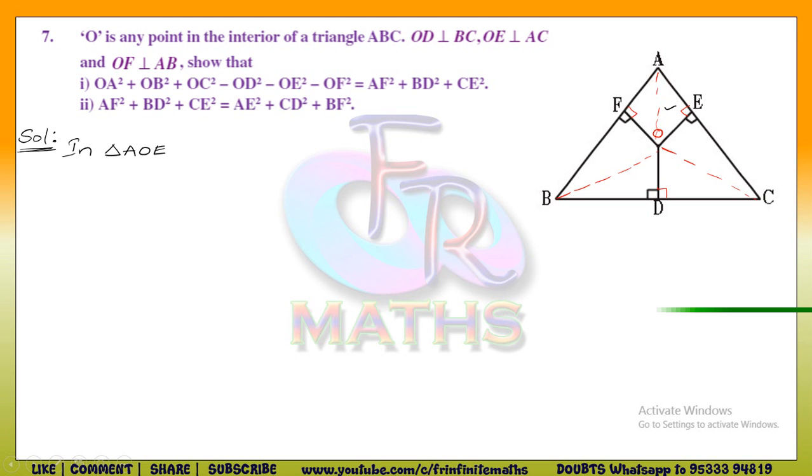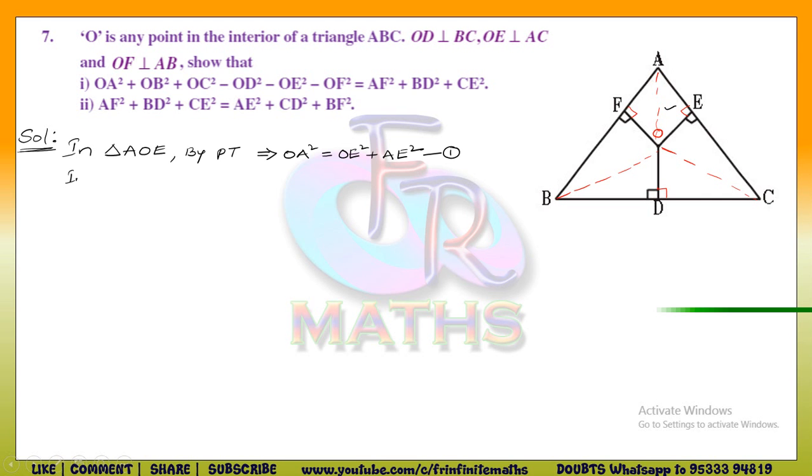In triangle AOE, by Pythagoras theorem, OA is my hypotenuse. So OA square is equal to OE square plus AE square. Let this be equation number 1.